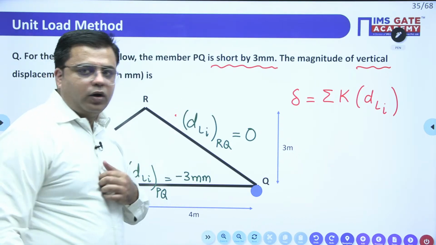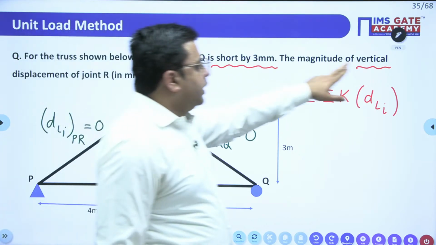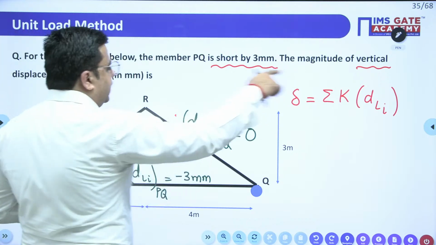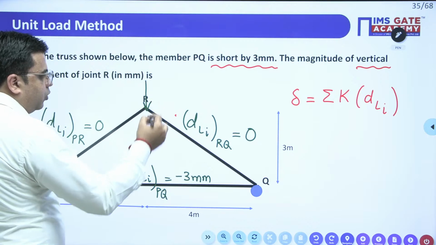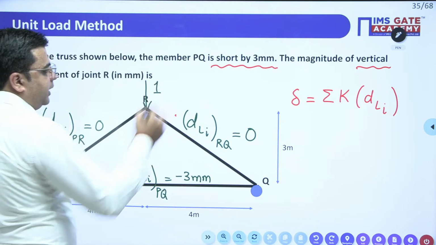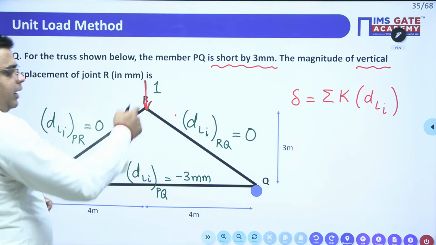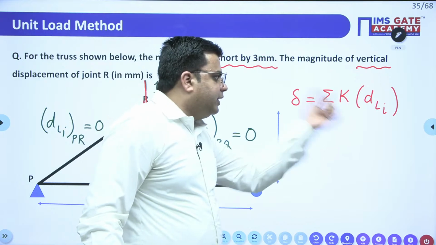Now, you need to determine the vertical deflection at point R. For calculating the vertical deflection at point R, you need to apply the unit load at point R. This is my unit load at point R. By applying it, you need to calculate the K values.